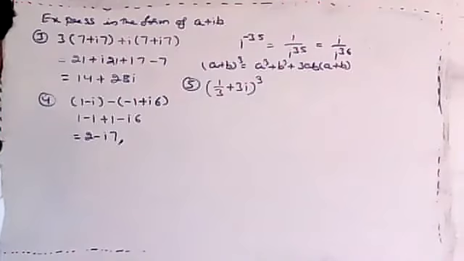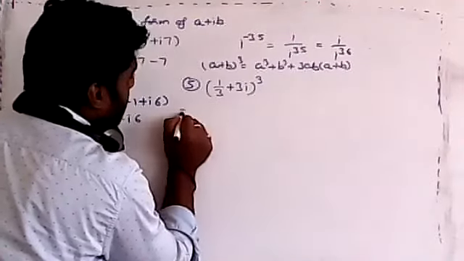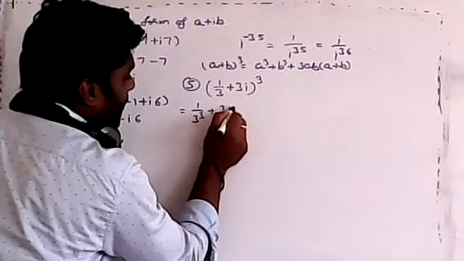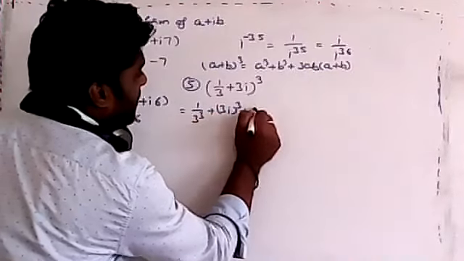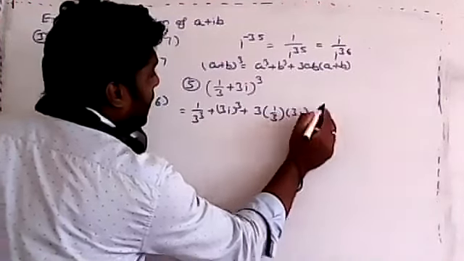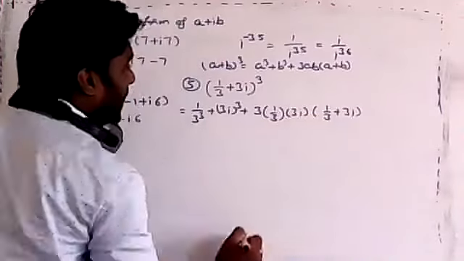So a is what? 1 by 3. So it becomes 1 by 3 cube plus 3i cube plus 3 into 1 by 3 into 3i into what? 1 by 3 plus 3i. Correct?